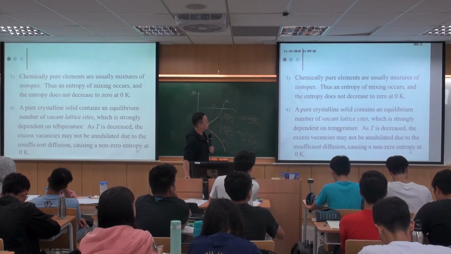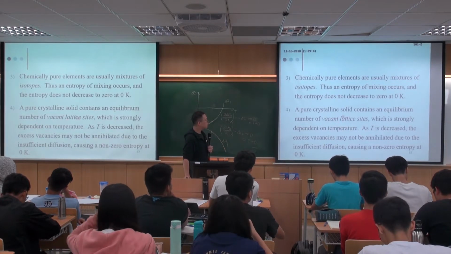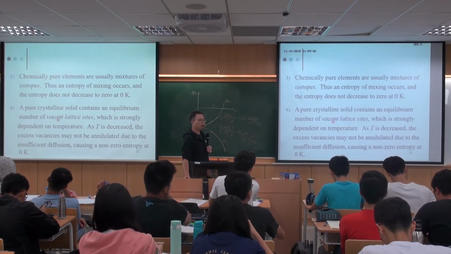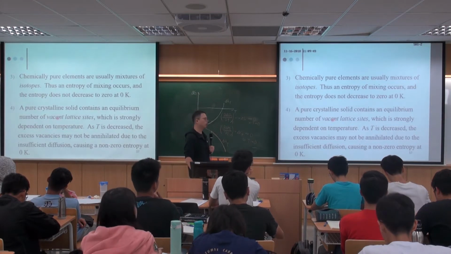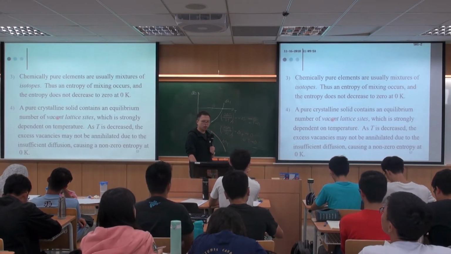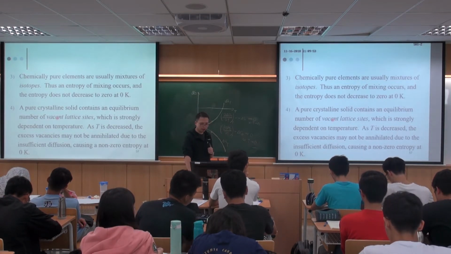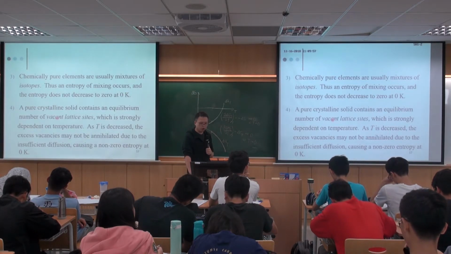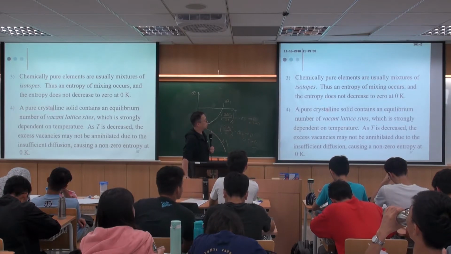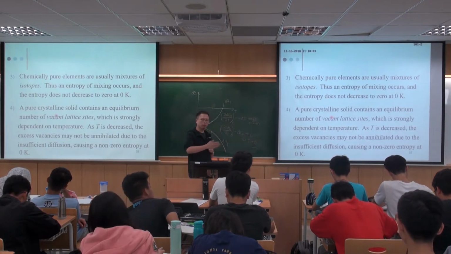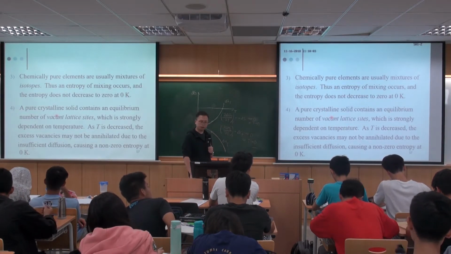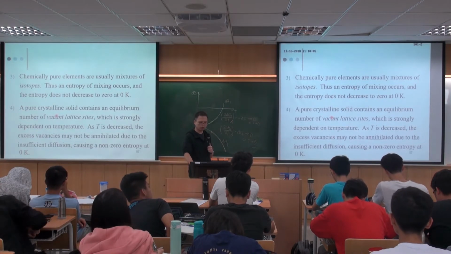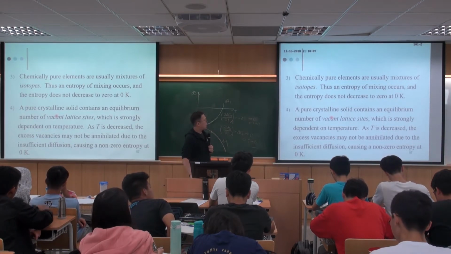But if you have some vacant lattice sites, I think you already know what vacant means. For instance, you have macroscopic vacant sites like dislocation, then you know that even when you cool down to 0 temperature, there are still many different possible locations for the dislocation or those vacancies to occupy.